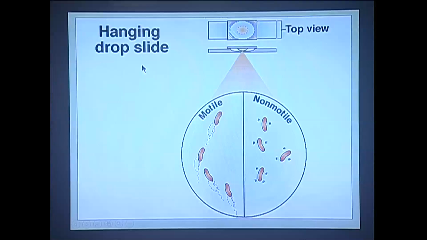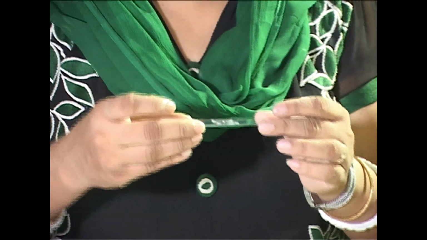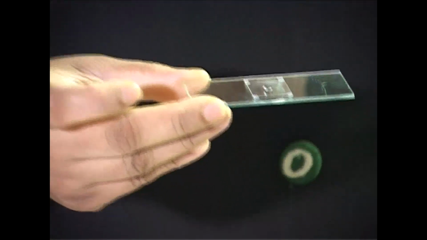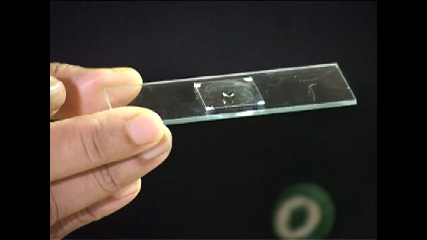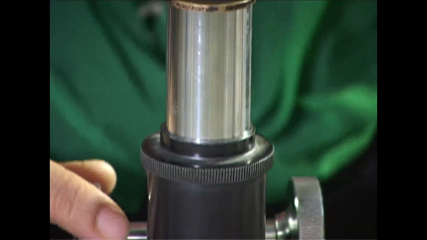We also carry out another experiment, the hanging drop technique, which shows whether the organism is motile or not. There is a typical slide called a cavity slide. You take the suspension of the culture onto a cover slip first, then invert the cover slip onto the cavity of the cavity slide, and then focus it under the microscope.